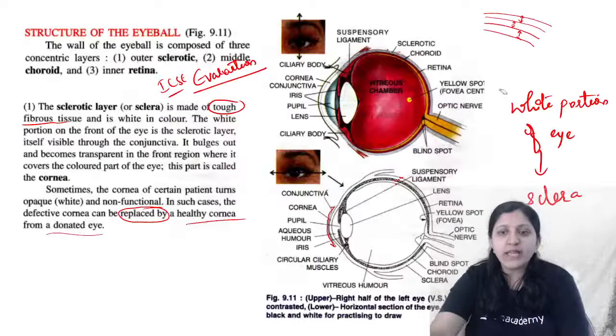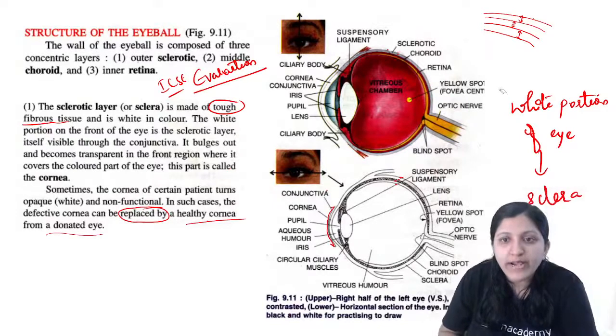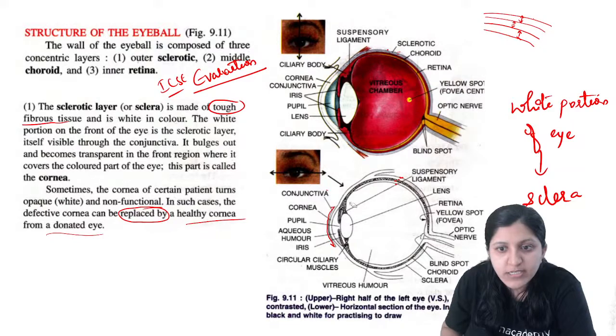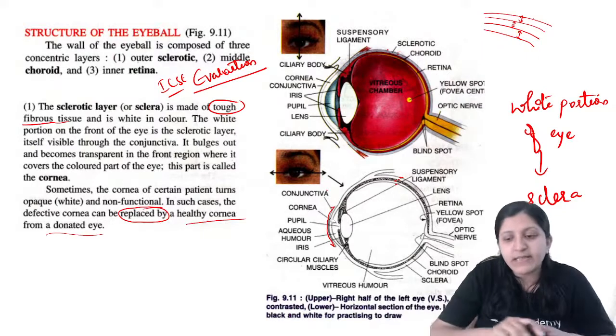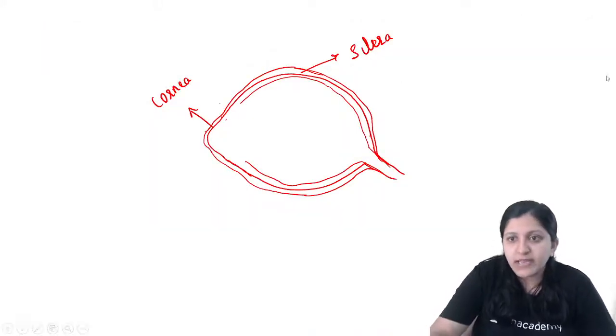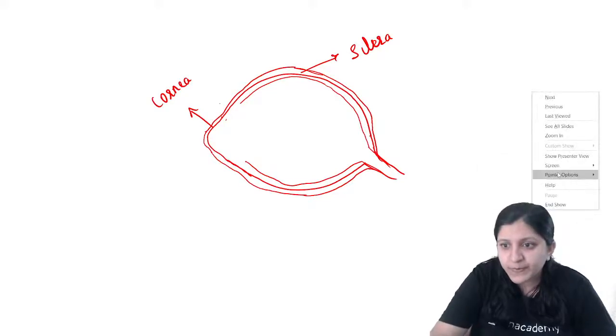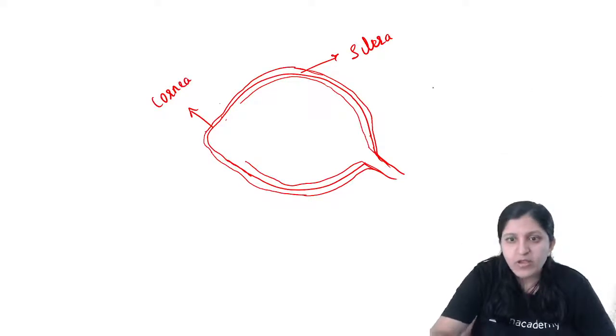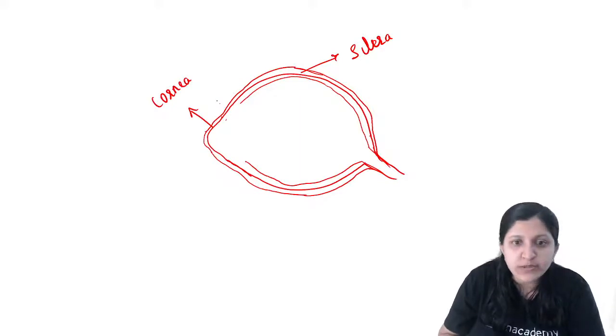Alright, so you can see here this choroid is coming. The choroid is basically richly supplied with blood vessels. There is a choroid over here, and it is basically forming the suspensory ligament, and then there is a retina. Okay, let me take the pointer. So basically this structure is being formed.